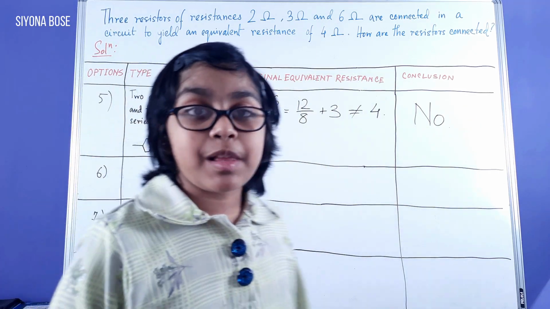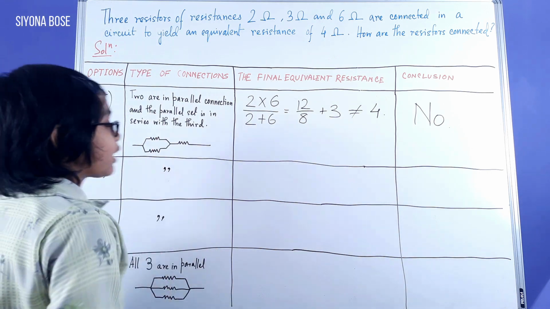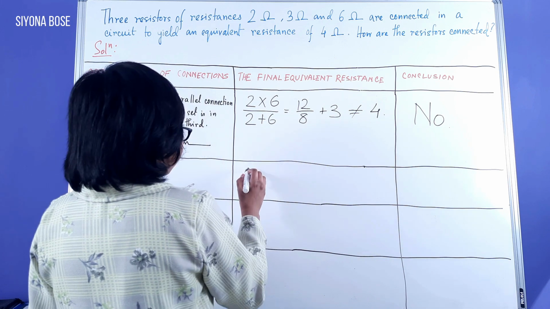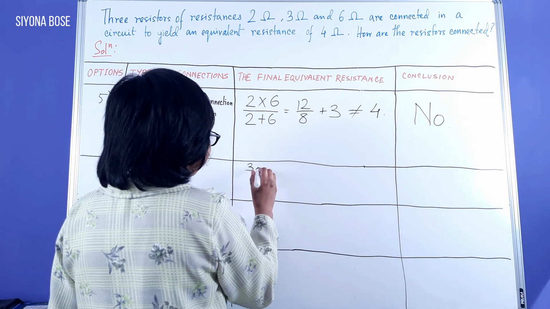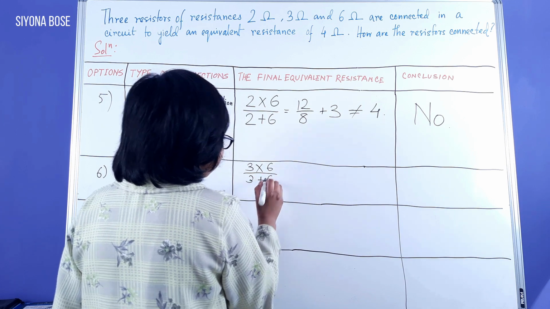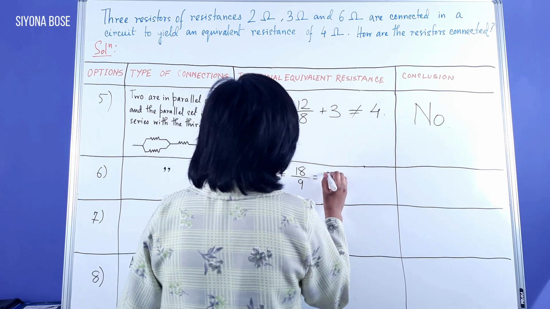Okay, next possibility we can take is 3 and 6. If we take 3 and 6 in parallel, then let's see what we get. 3 into 6 by 3 plus 6 equals 18 by 9 equals 2.